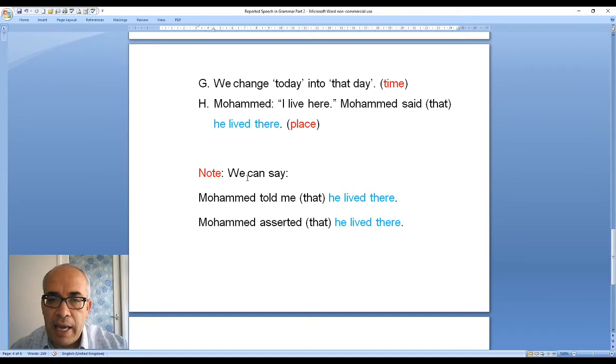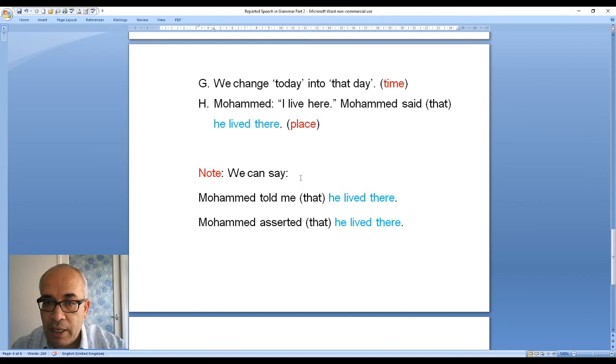So we can say, this is important, Muhammad told me that he lived there. So Muhammad says to me, I live here. I'm going to report what Muhammad said. I can say Muhammad said that he lived there, or Muhammad told me that he lived there. So here I use said that, and here I use told me that. And I explained in part 1, we have different reporting verbs.